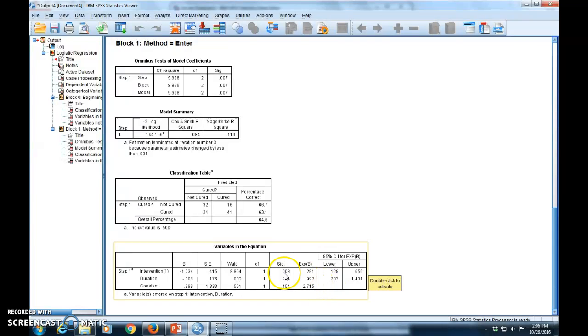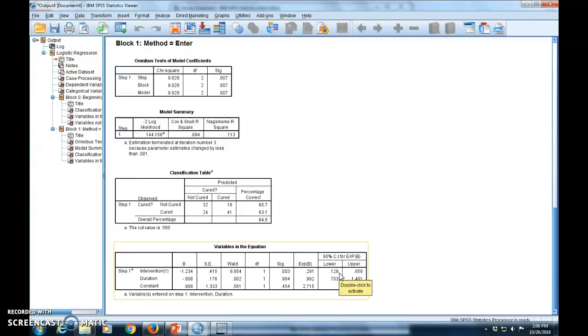So we see here that intervention is significant, so we're going to include that one, and we're going to say the odds of having the treatment increases your odds of being cured somewhere between 0.129 and 0.656. The duration is not significant, so we won't include that one, but we will include this one.